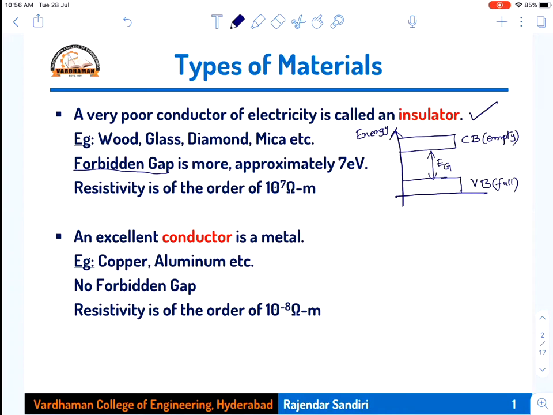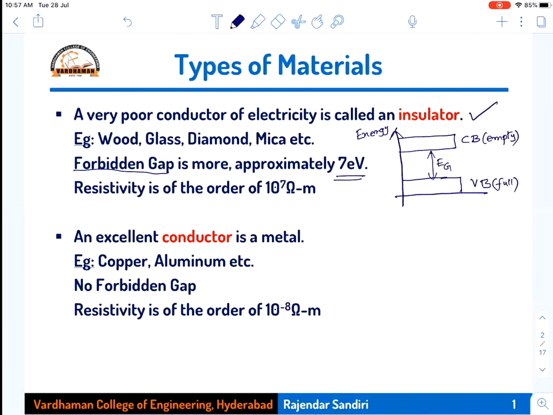We are unable to supply that much energy, so there is no movement of electrons. The conduction band will always be empty, and this gap is approximately 7 electron volts. Because of that, conduction is impossible in insulators, even by applying additional energy.